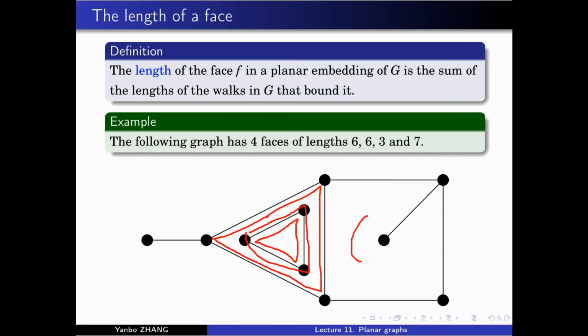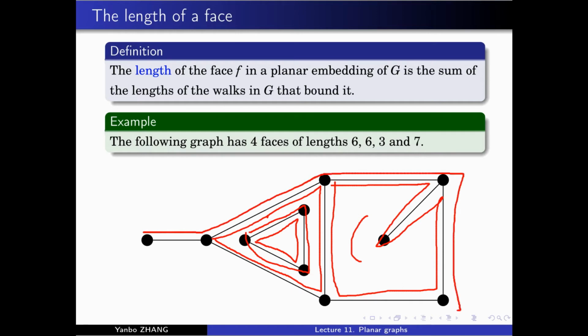The length of this face is 1, 2, 3, 4, 5, 6. It's 6. The length of the outer face is 1, 2, 3, 4, 5, 6, 7. The length of this outer face is 7. Every edge is counted twice because every edge has two sides. The two sides may contribute to one face or two faces.